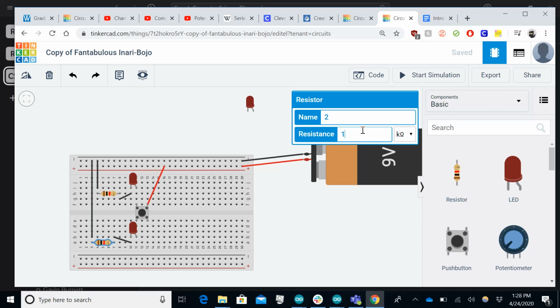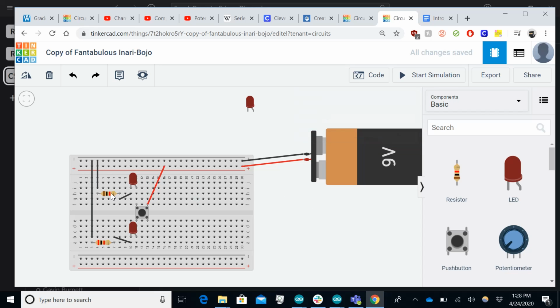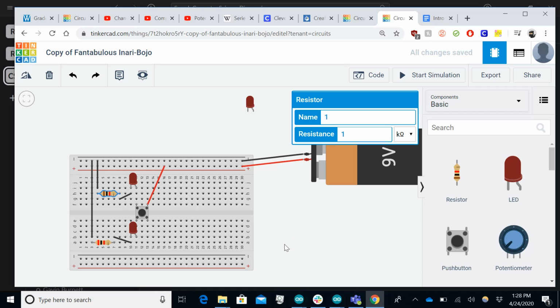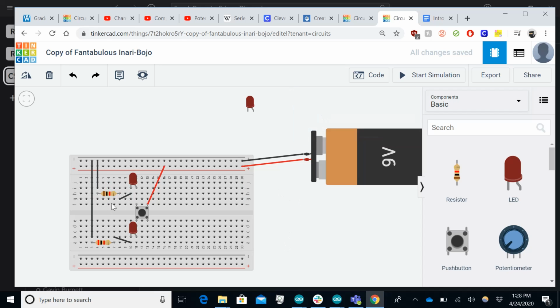So I'm going to, let's say, increase the resistance of this one while keeping this one the same. What's going to happen here is electricity is no longer going to be evenly divided between the two LEDs. Most of the electricity is going to flow to this one, whereas the rest will flow through here.